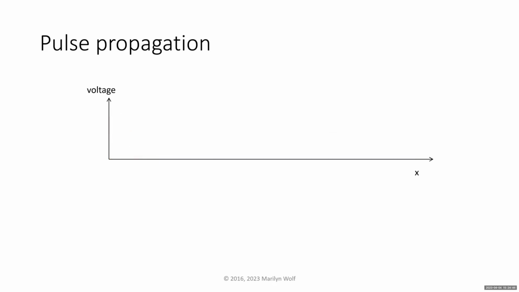It's going to start traveling, but you'll see as it travels, the pulse will become distorted. It will start to lose its shape. Say here that the step becomes a pulse as we go down on the other side, and you can see that both edges suffer the same way.